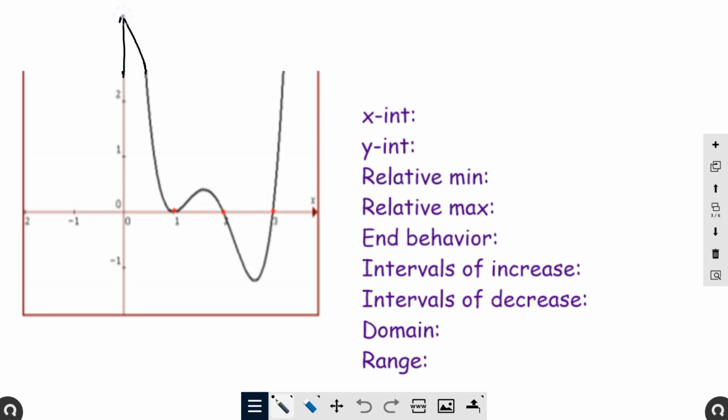I'm just going to have to extend it a little bit to make it look better. I didn't really have enough room, but you guys can make it look better than how it looks on my paper.